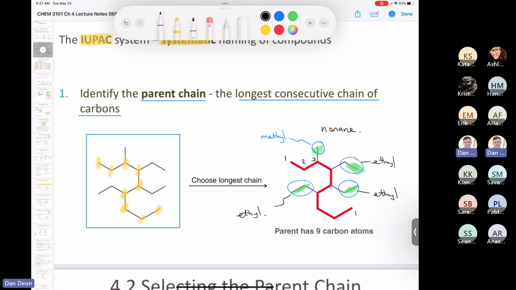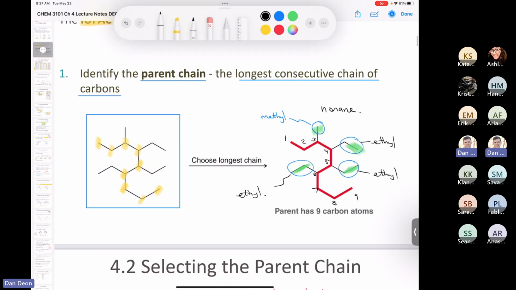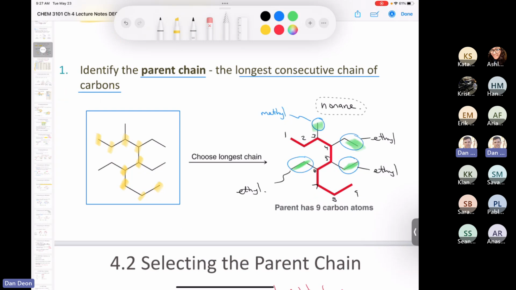If you started numbering from here, you'd have 1, 2, 3, 4. So what's a lower number, 3 or 4? 3 is a lower number, so we have 1, 2, 3, 4, 5, 6, 7, 8, 9. So this is, like I said, some kind of nonane. We have a 3-methyl and a 4,5,6-triethyl. So we ignore the prefix tri, but we use E, and that comes before M.